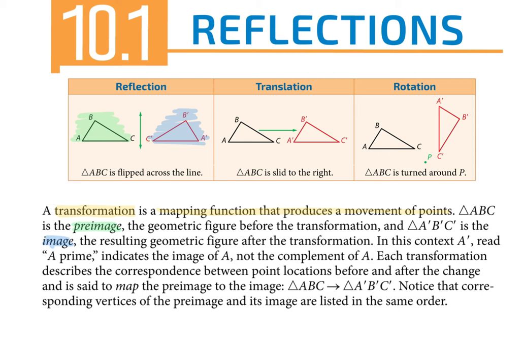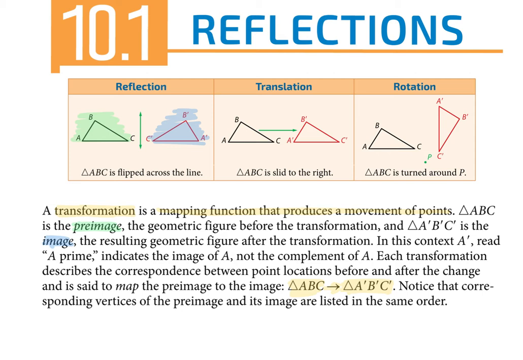All right? There is some notation when it comes to actually looking at these. So we have triangle ABC right here. And then you have this arrow. This arrow indicates that it has been mapped onto a new image. And you'll see that triangle A with the dash above it, or A prime as it is read, B prime, C prime.